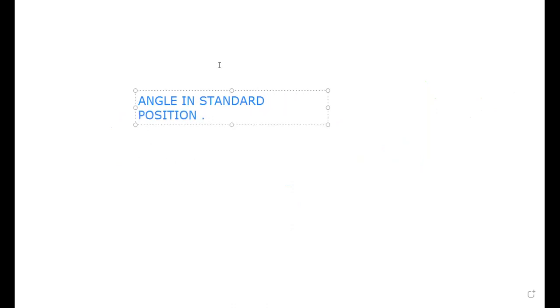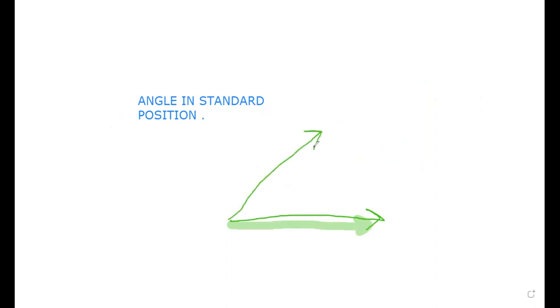So what is called an angle in standard position? If we draw an angle, this is our initial ray, and this is our terminal ray. So an angle in standard position has two properties.